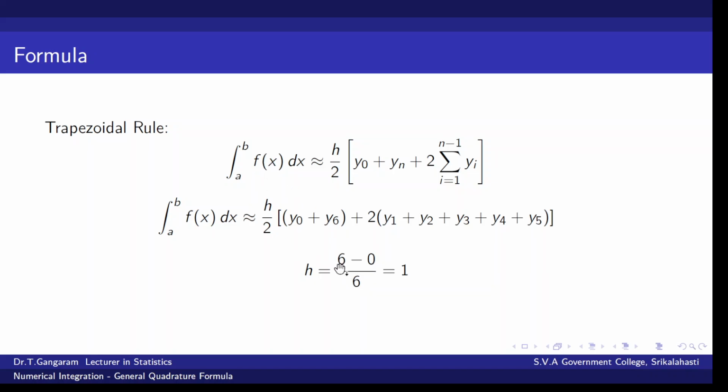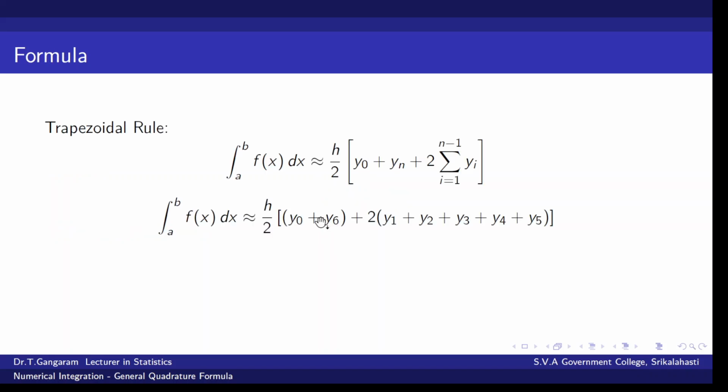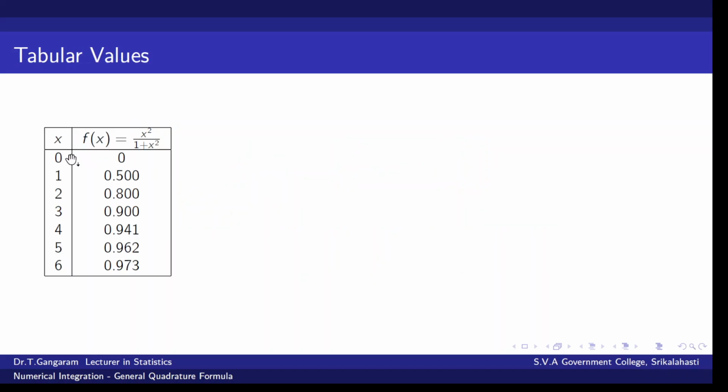So b is 6 here. Look here, h is equal to b minus a divided by n, that is 6 minus 0 divided by n. Let us assume n is equal to 6 here. Then our h becomes 1. By substituting x naught is equal to 0, x naught plus h is 0 plus 1, 1 plus 1, 2, like that, we can find x naught, x1, x2, x3, x4, x5, x6 terms.